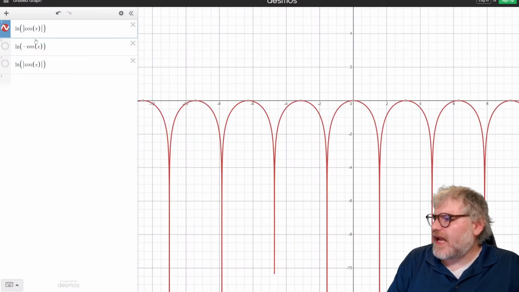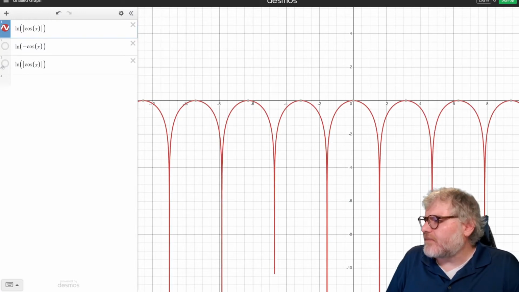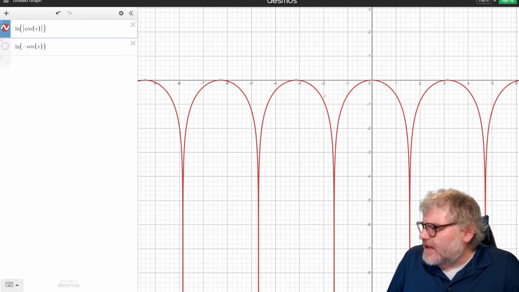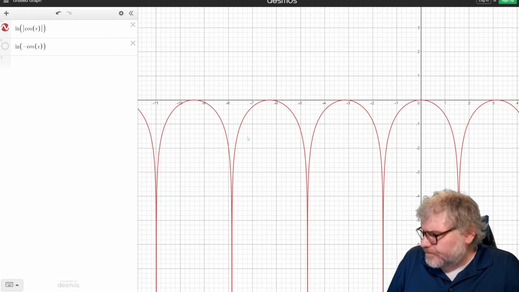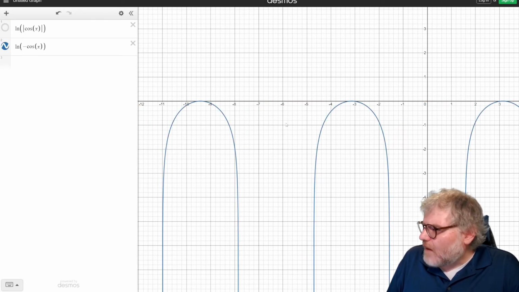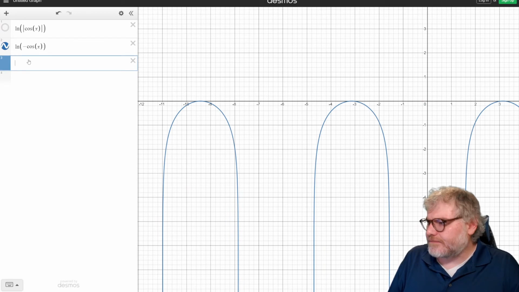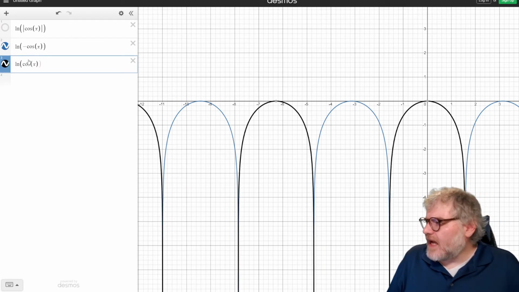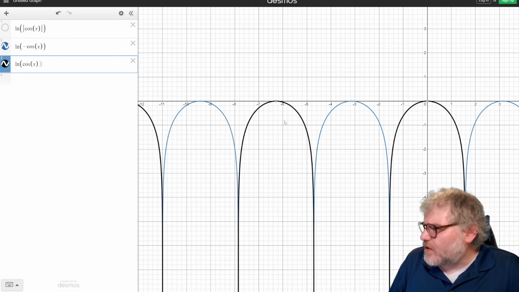So if I look at the absolute value of cosine of x, you can see here that that is this function here. And notice it's not defined at a bunch of places. Now, if I only took, let's say, the negative half of it, I would only get part of this function. And if I did ln of cosine of x, I would only get part of this function.